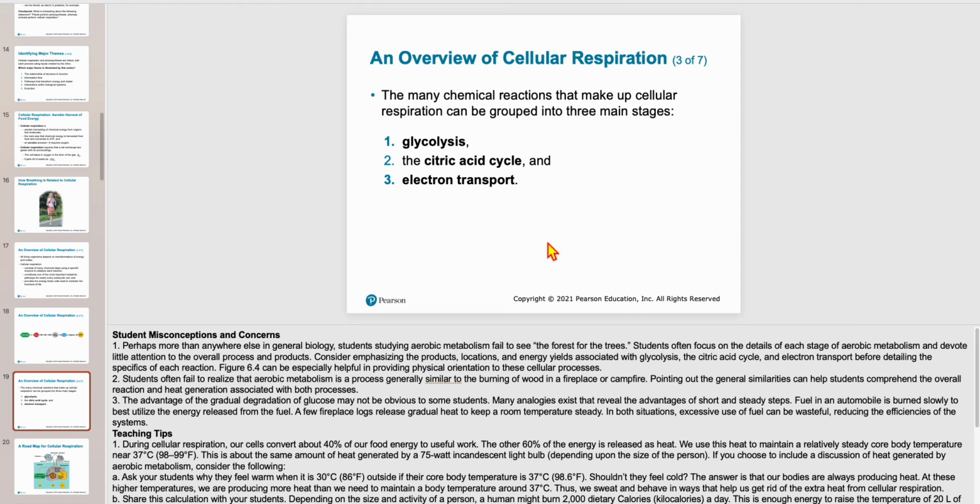Each one of these stages is at a different location inside of the cell. When I go to the next few slides, you'll see that that is where the importance comes into play. Each one of these steps has a different function and they're at different locations within the cell. Next slide.